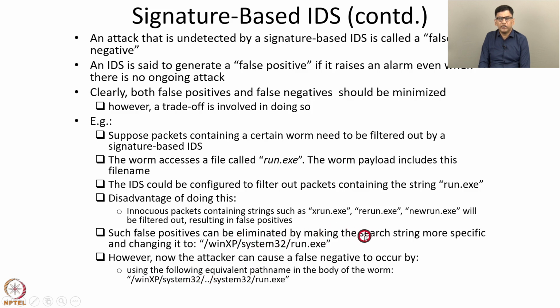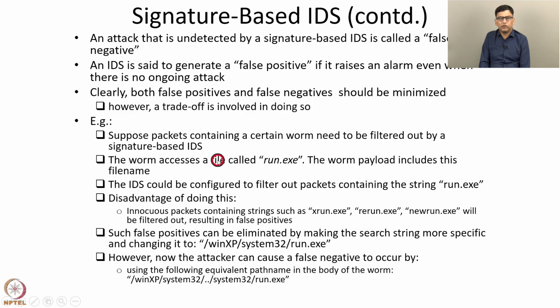So this path name refers to the same file as the other path name. But the search string that is used in the signature database matches only the first string. So it does not match this string. Hence this payload will not be detected, and that will cause a false negative to occur. So via this example, we see that there is a trade-off between false positives and false negatives.